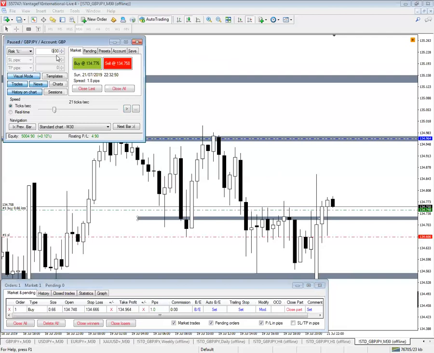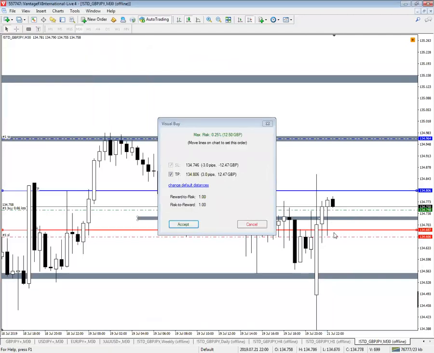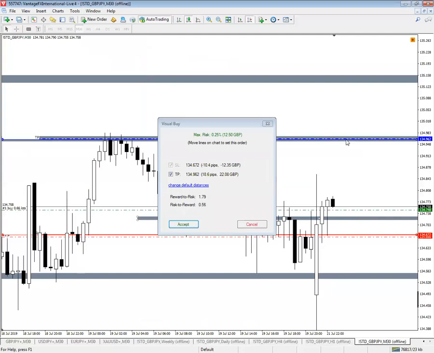So we want 2.5. Oh, there we go. So just a small position. Just going to add a small position here. So we're going to take another buy, and we'll put stops below previous candle and TP up over here.